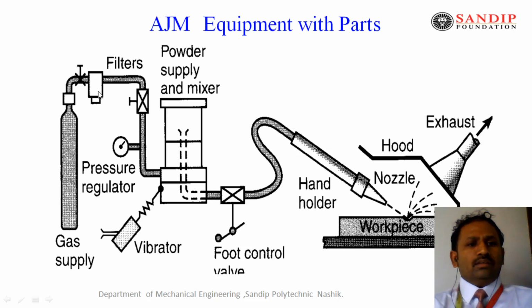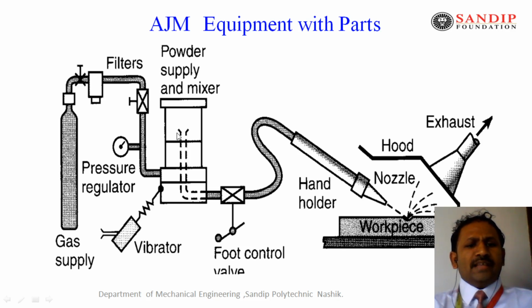To remove the impurities and dust formed in the gas. Again a valve is there for safety purposes. Then a pressure regulator regulates the pressure as per the requirement of this process. Now this line is connected to the powder supply and mixture.